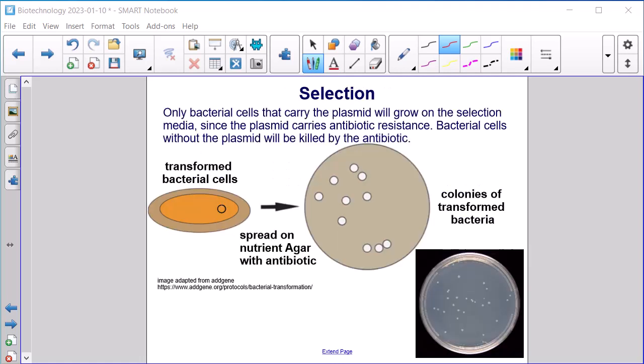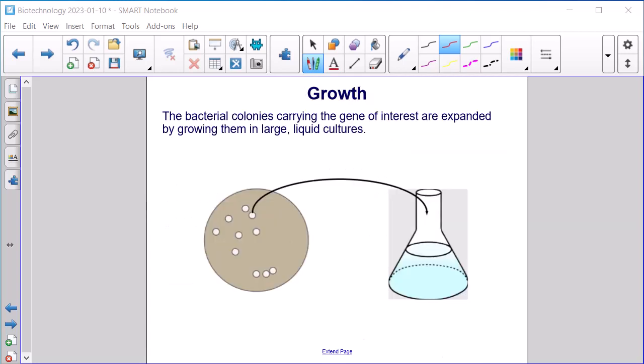Only bacterial cells that carry the plasmid will grow on the selection media, since the plasmid carries antibiotic resistance. So we have this agar with antibiotic, and we see these colonies of transformed bacterial cells growing. Bacterial cells without the plasmid will be killed by the antibiotic. The bacterial colonies carrying the genes of interest are expanded by growing them in large liquid cultures.